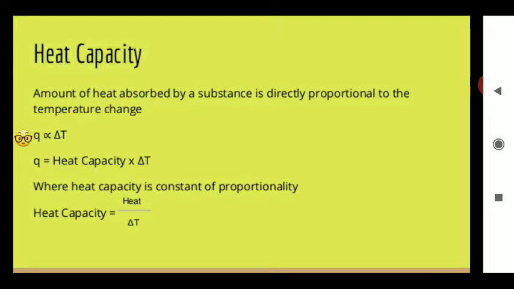So Q is directly proportional to delta T, where Q is equal to the heat capacity times delta T. When this relation is simplified, heat capacity is the constant of proportionality. So we can say the heat capacity C is equal to Q upon delta T.